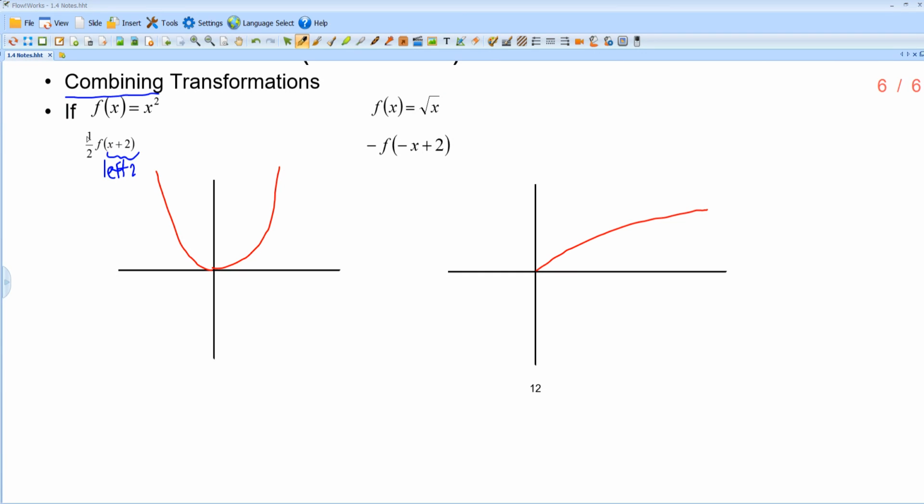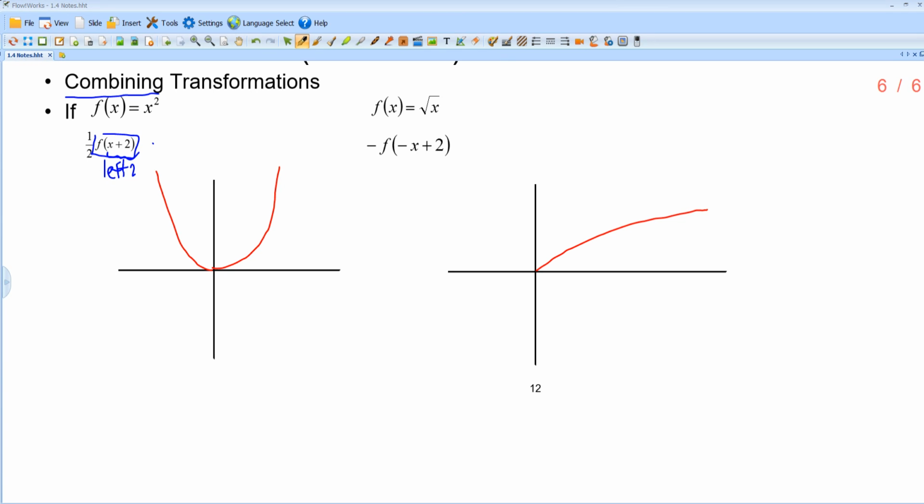Next, I'm going to look at this 1/2. It's multiplication. I'm multiplying times this. Multiplication means that I'm either stretching or shrinking. The first thing I want to ask myself is, am I multiplying to x or am I multiplying to the function? Right here, this says 1/2 times f of x plus 2.